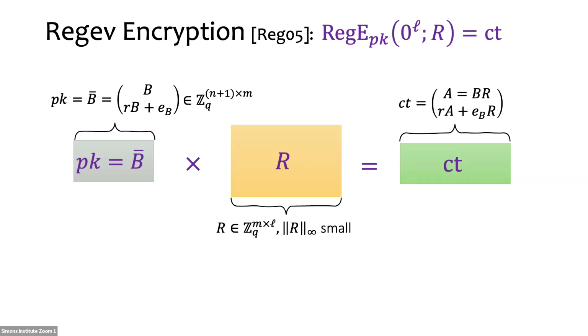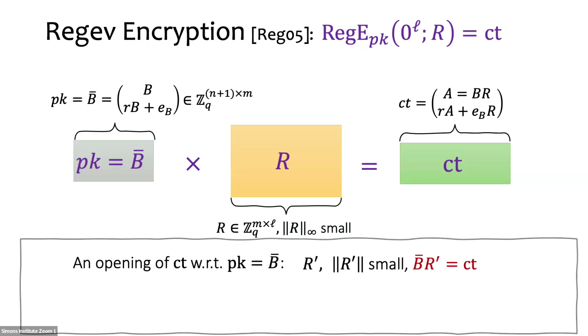This is a ciphertext that encrypts 0, which is another LWE sample. And an opening to such a ciphertext with respect to a public key means a small norm matrix R that is mapping the public key all the way to the ciphertext.